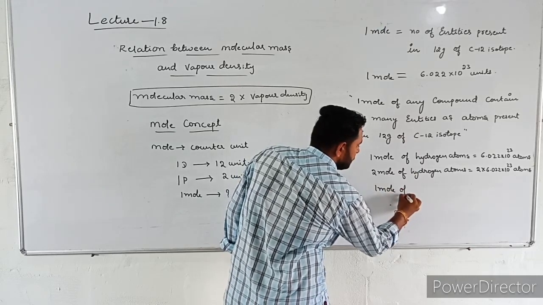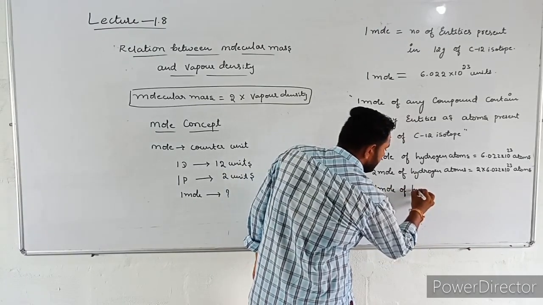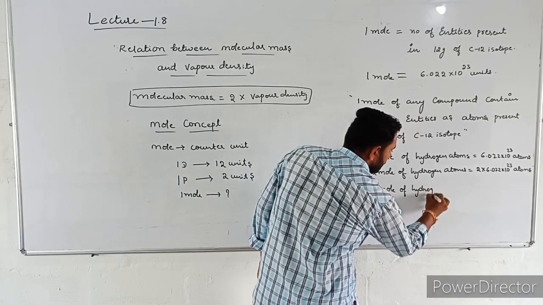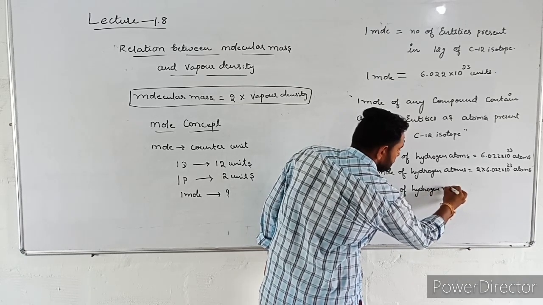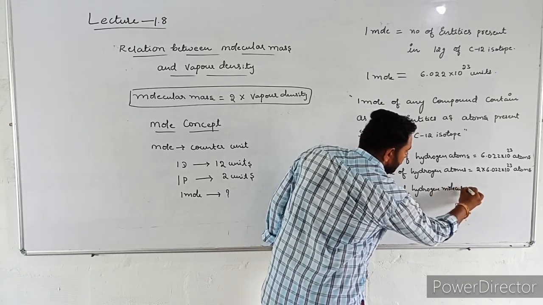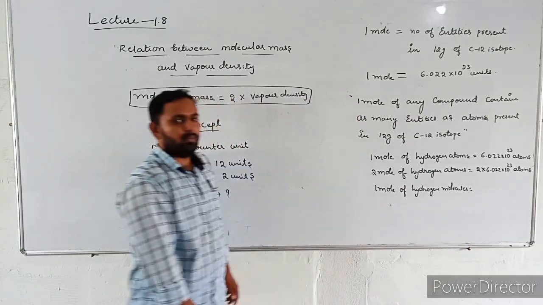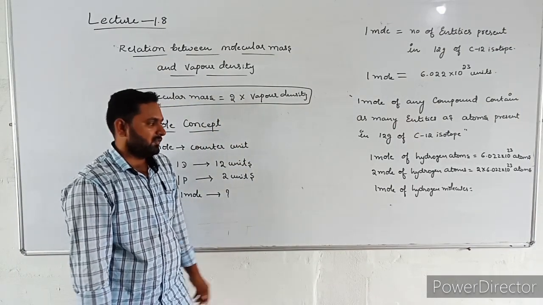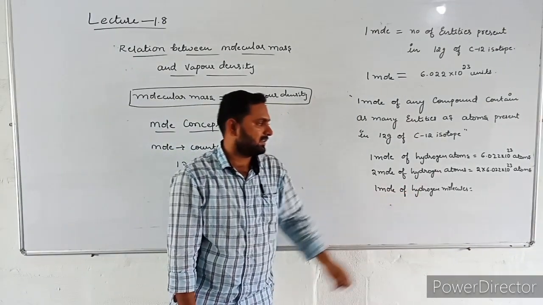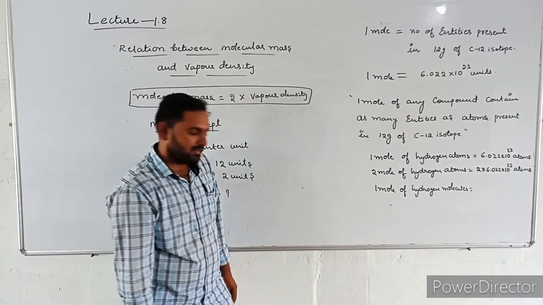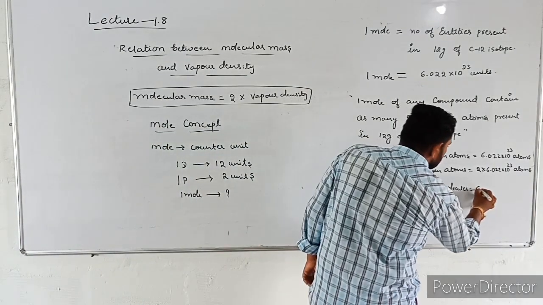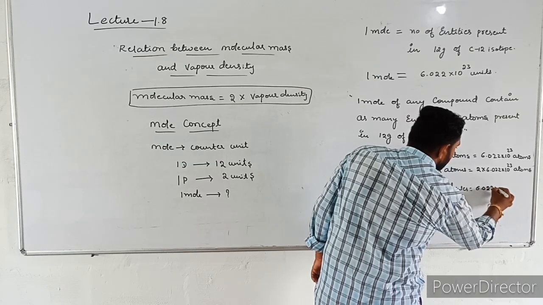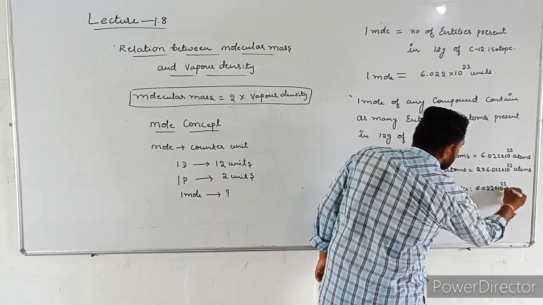1 mole of hydrogen molecules is equal to how many molecules? 6.022 into 10 power 23 molecules.